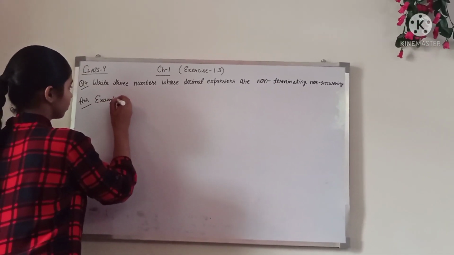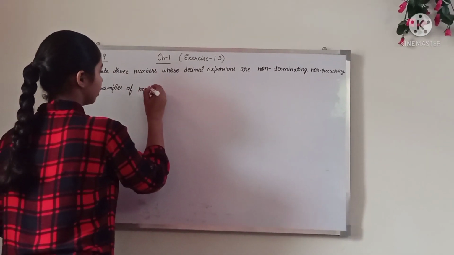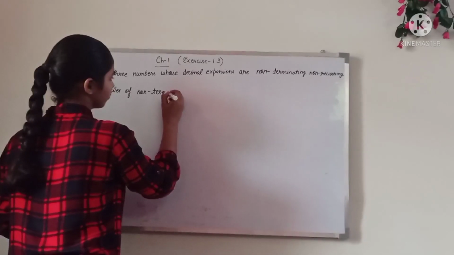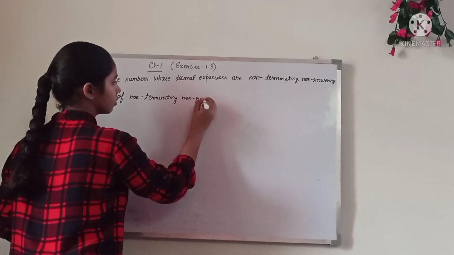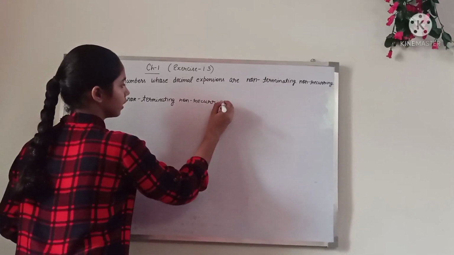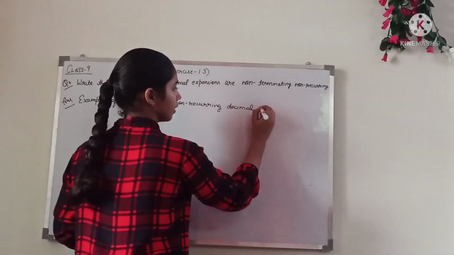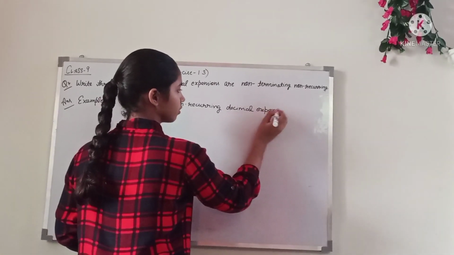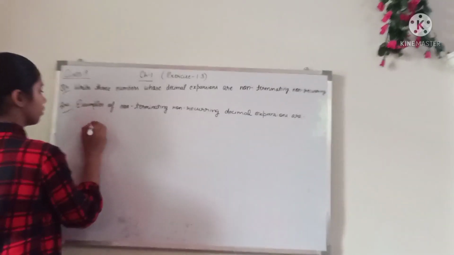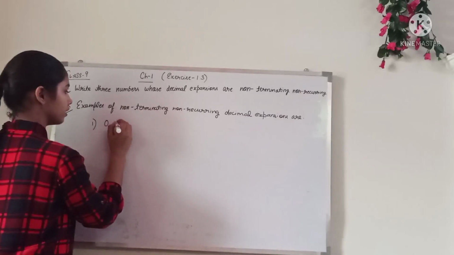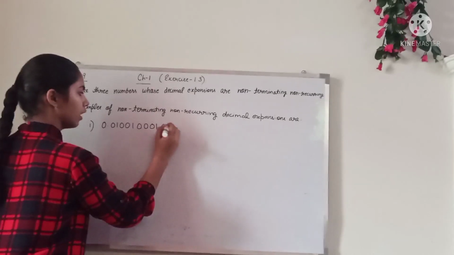Examples of non-terminating, non-recurring decimal expansions are, first one is 0.01001000 1 and so on.